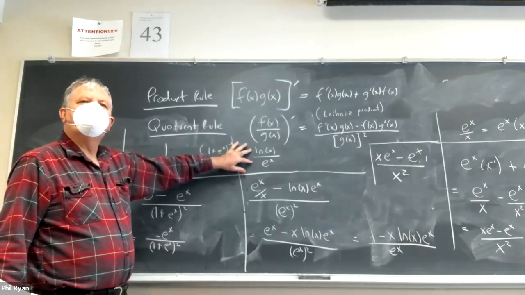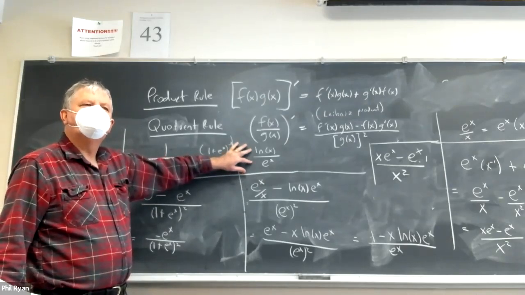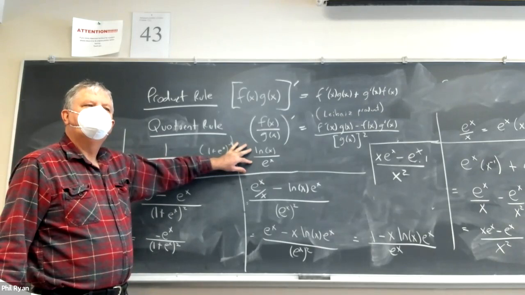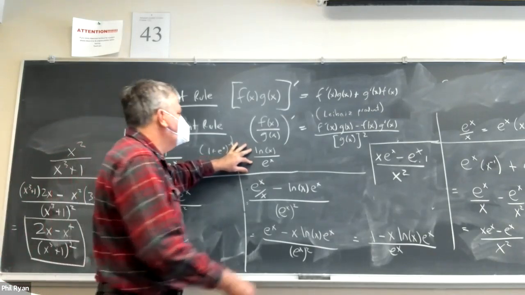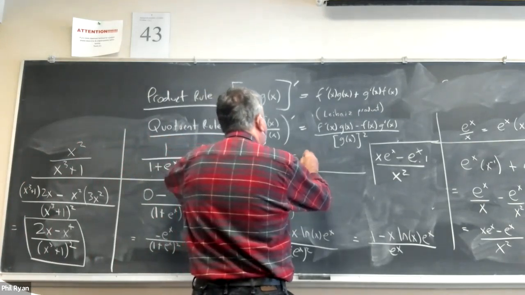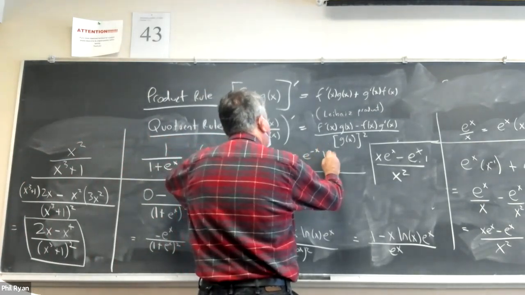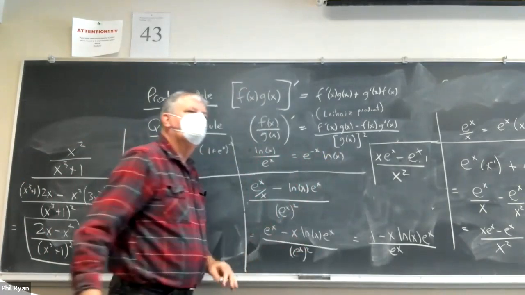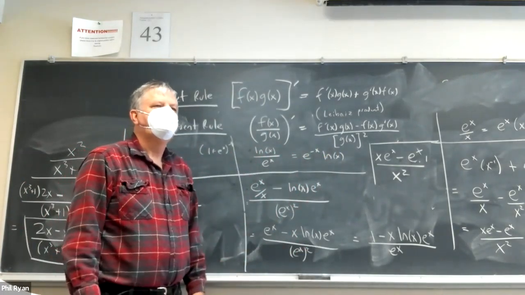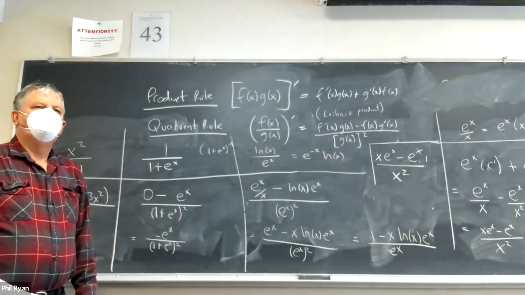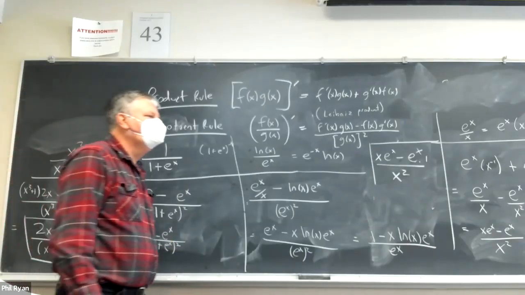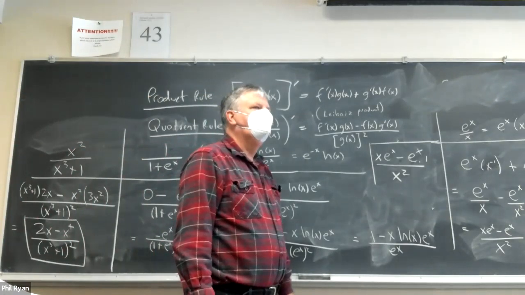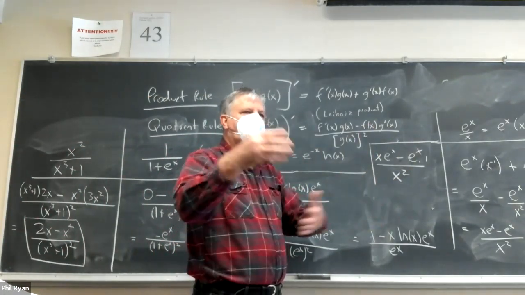Does anyone see an easier way to do this? Because there's a product that's equal to e to the minus x times ln of x, and that would be more straightforward to do. So you've got to be aware that there's more than one way to skin a cat, right?